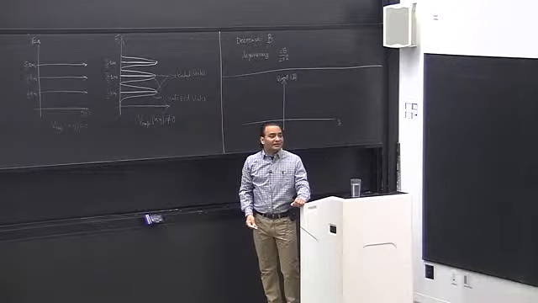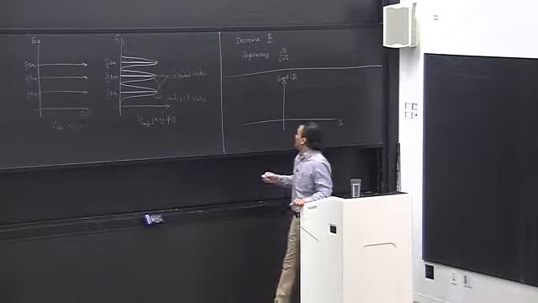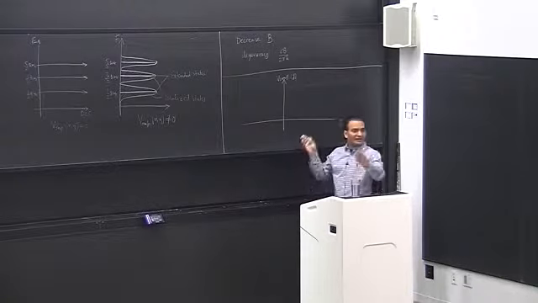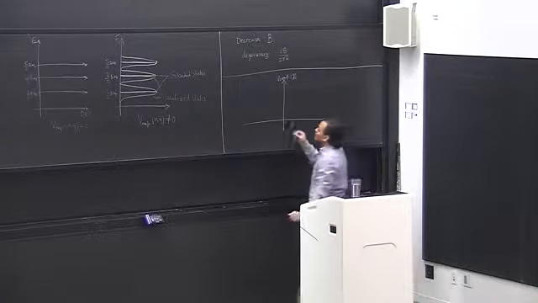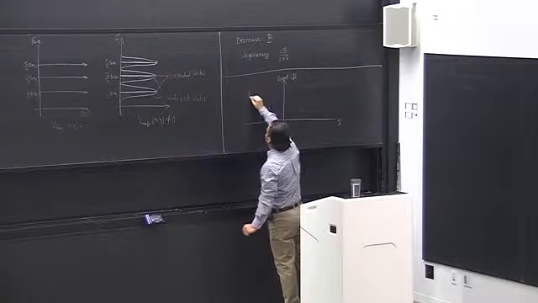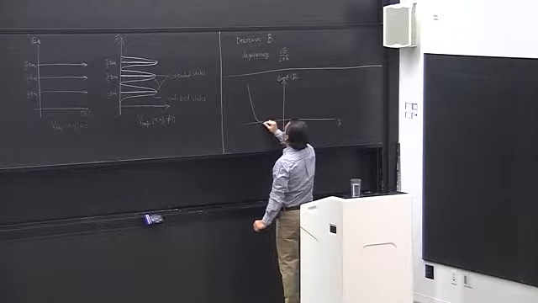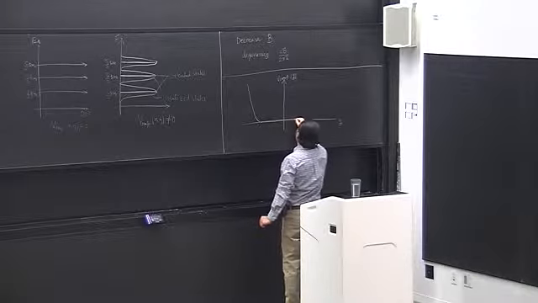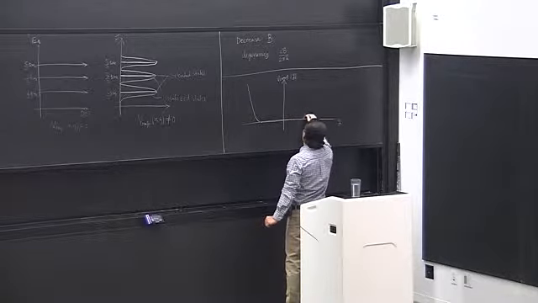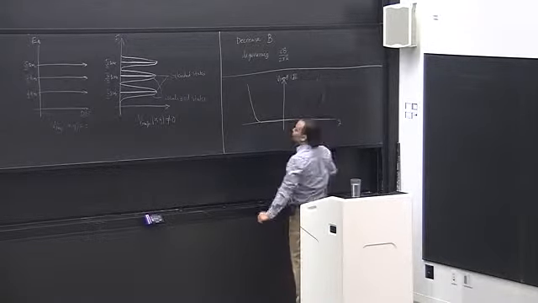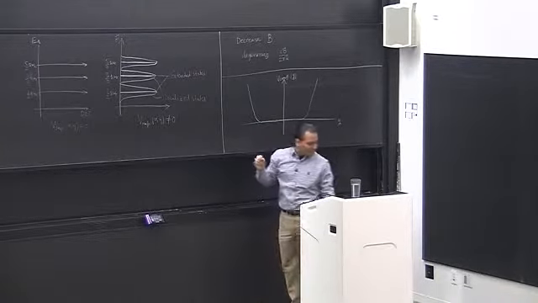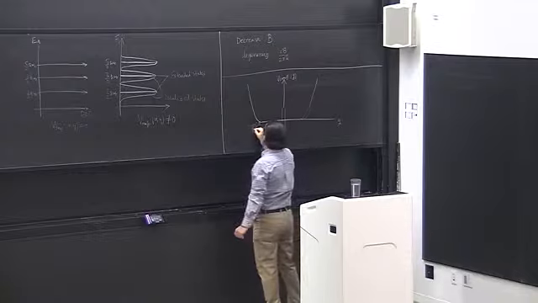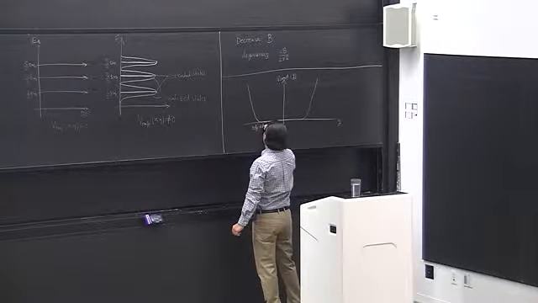And what does this mean? This means this is a potential that is going to confine all the electrons in a finite region. This is what you do typically in the experiments, and it will look something like this. So this is, say, the top edge of the sample.